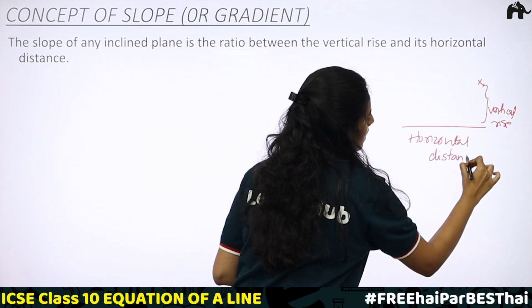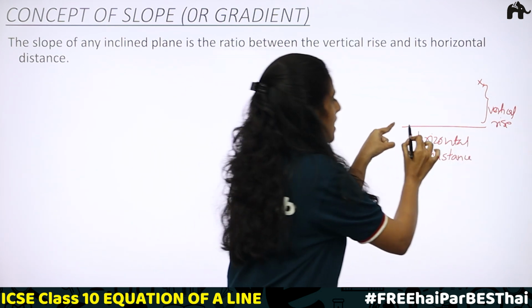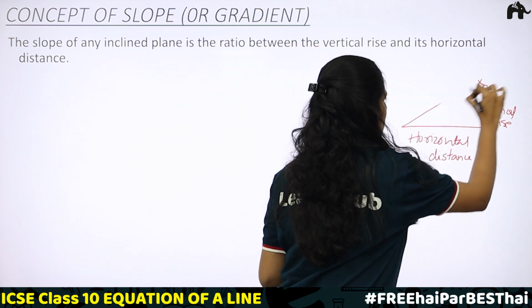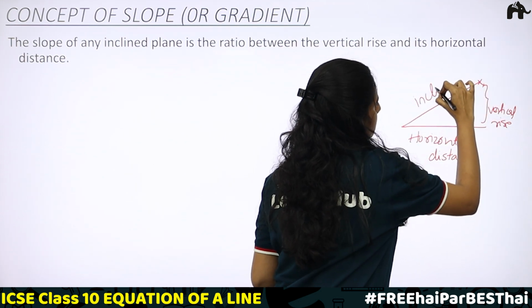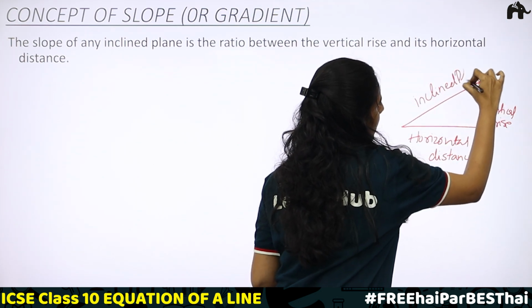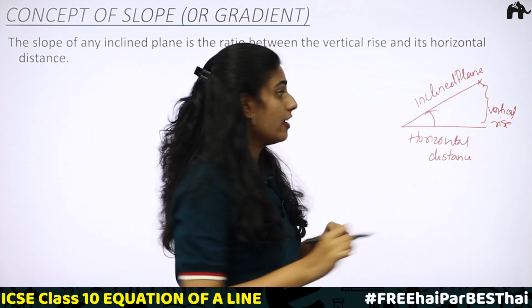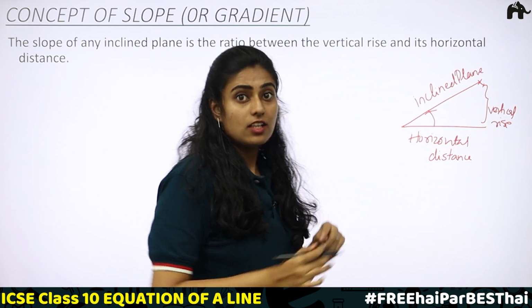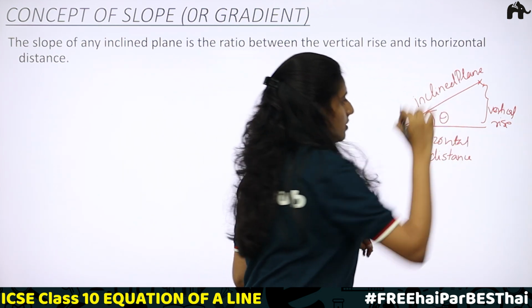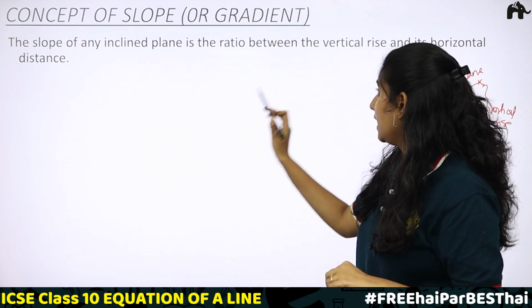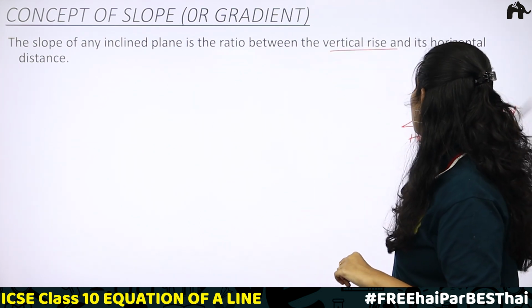A plane starting from here has a rise to this vertical height. This plane we will take as the inclined plane, and the angle it moved is our inclination, theta.